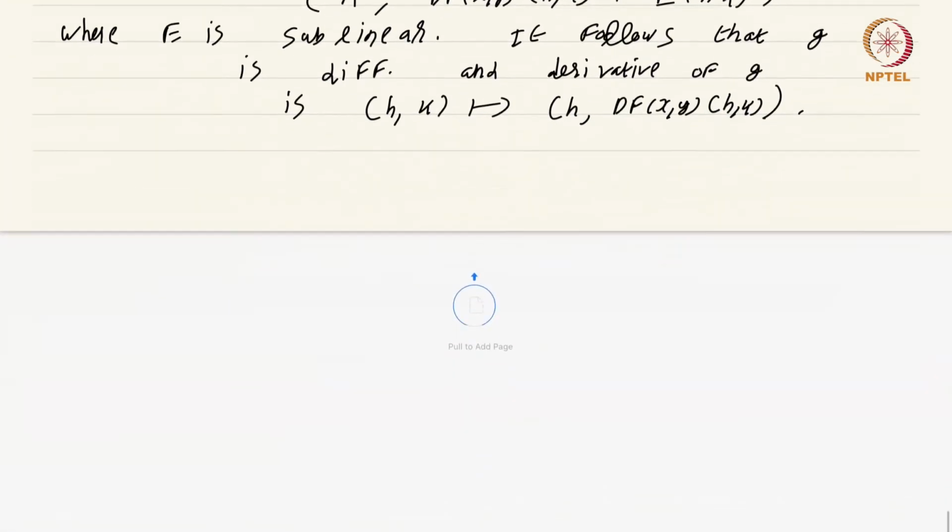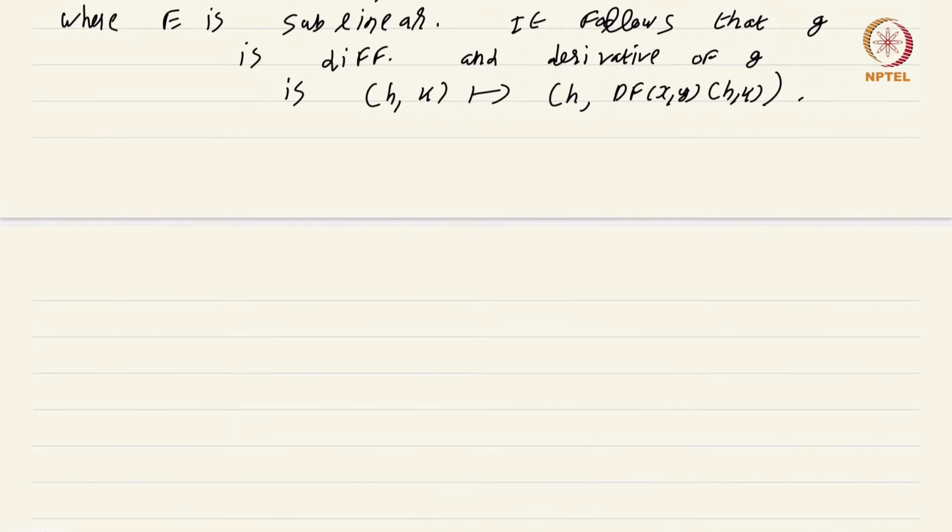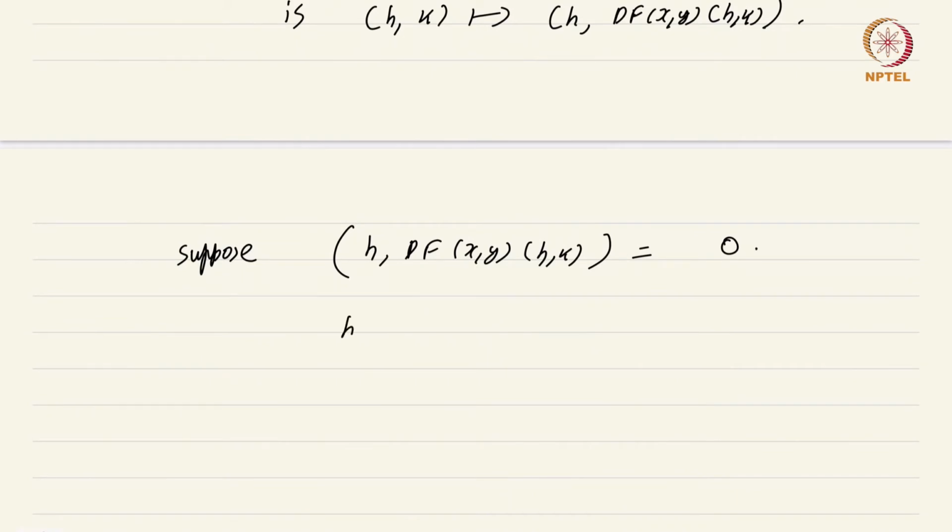Okay, so we want to show that this map is actually invertible. Suppose this derivative map h comma dfxy hk is 0. So essentially I'm trying to find the kernel of the map and show that it's just 0. Immediately we get that h is 0.